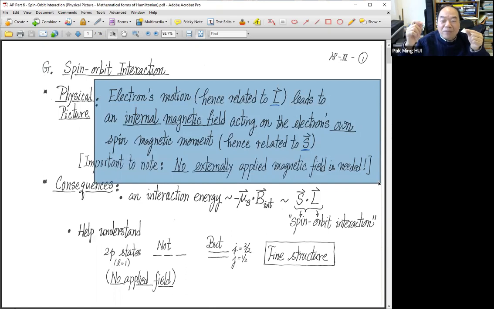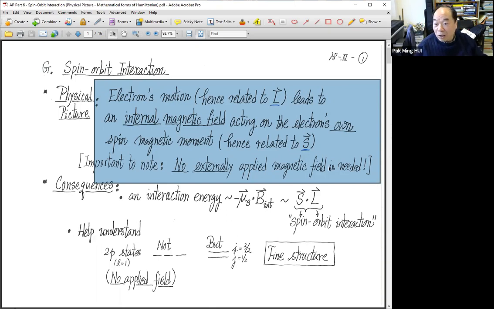Let me repeat. It is an electron's motion generating a magnetic field acting on its own spin. So it is its own orbital motion interacting with its own spin angular momentum or spin magnetic dipole moment.